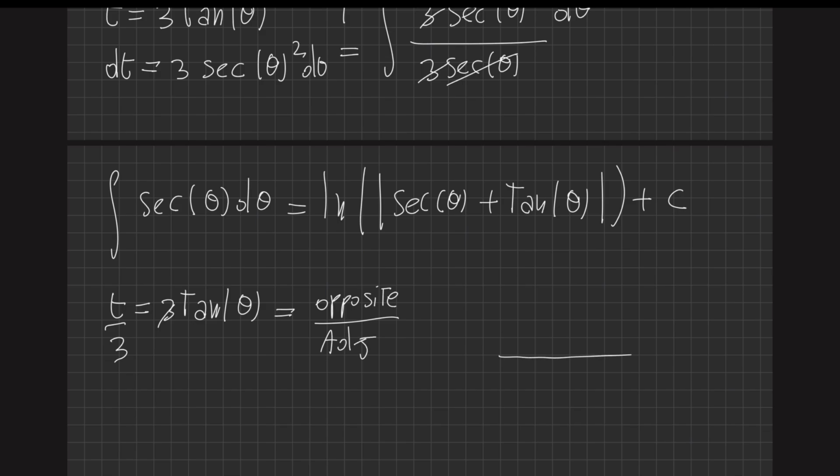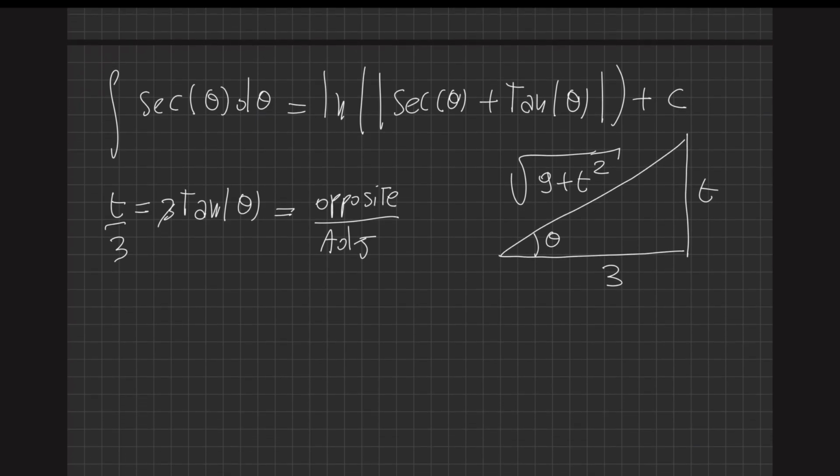We draw our little triangle. So here we have theta. So this means that t is our opposite side, 3 is our adjacent, which means that the hypotenuse is the square root of 9 plus t squared.